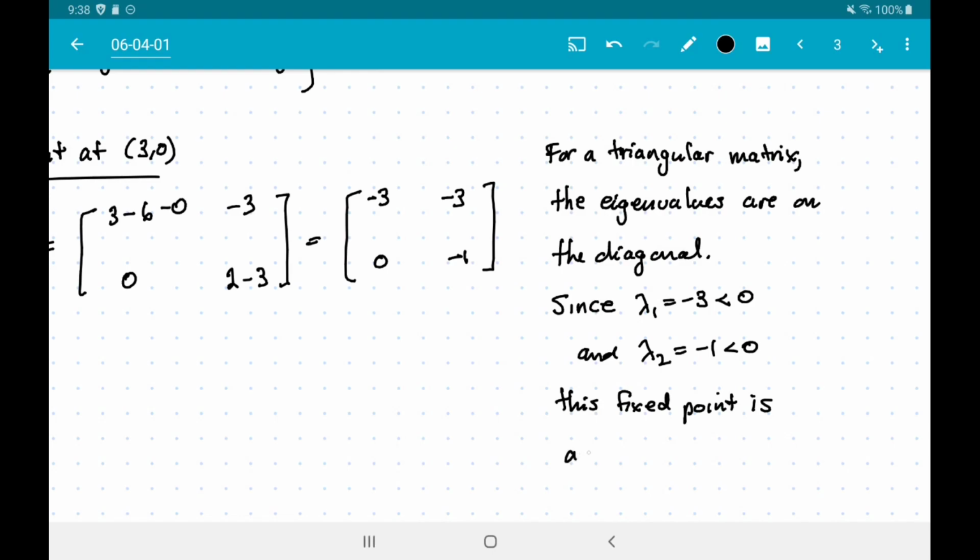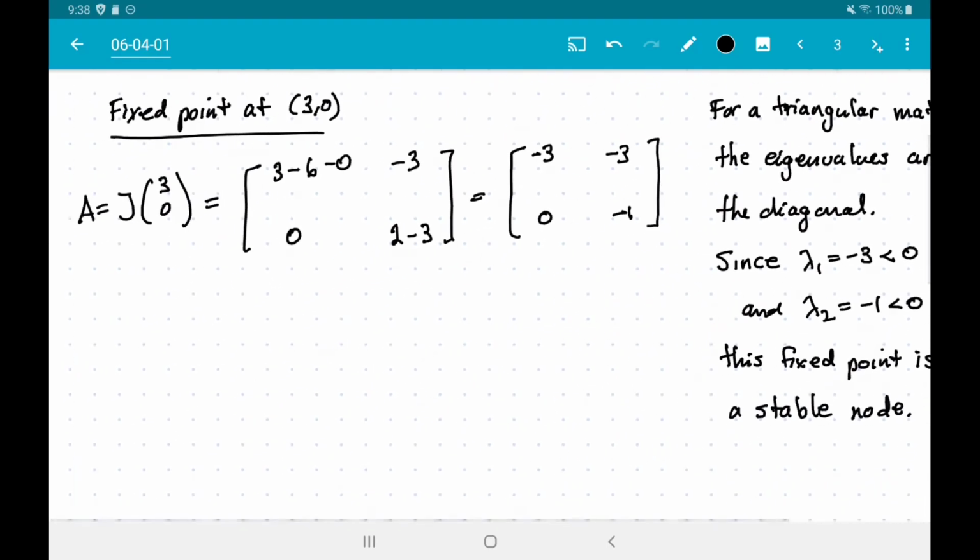This is a stable node. Now, to get the eigenvectors, that'll be a little bit trickier. So let me first do lambda 1.